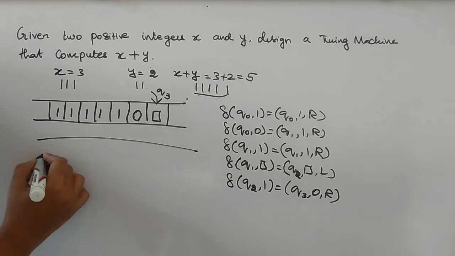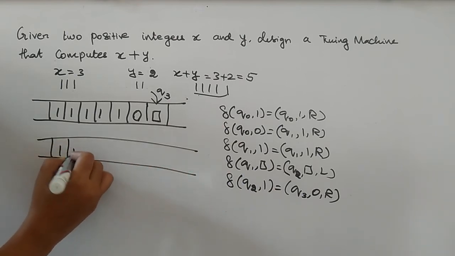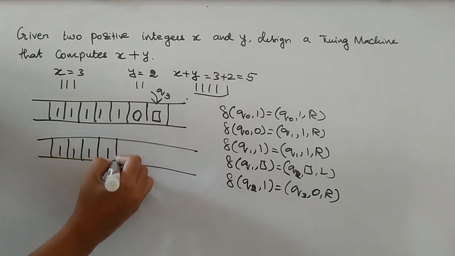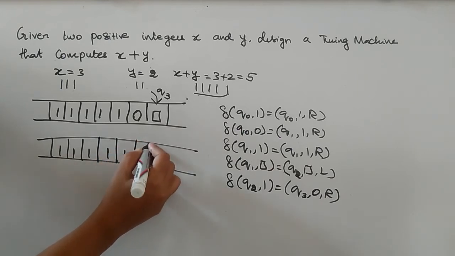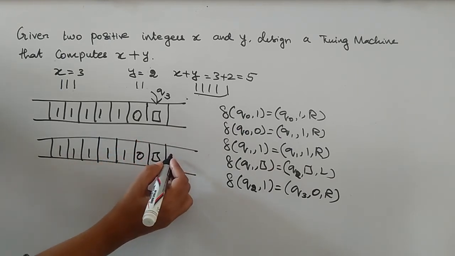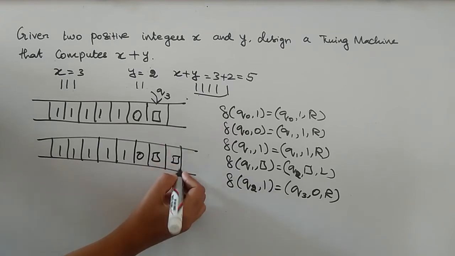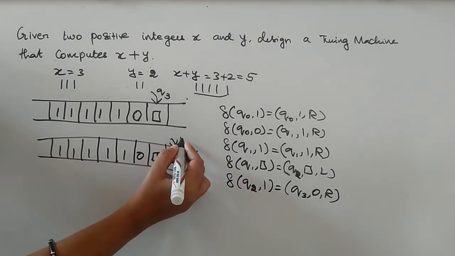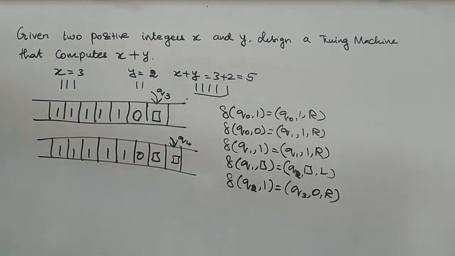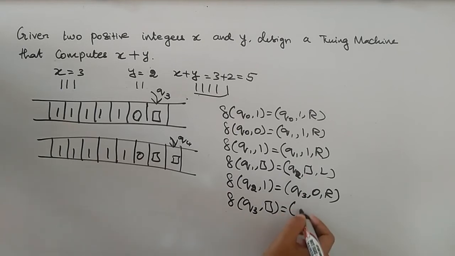That's why here we can write it as 1 1 1 1 1 and 0 and blank, and now we can move the pointer towards the right, and we can mention the state as Q4 here. You just see here delta of Q3 comma blank means we can write Q4 comma blank comma R, right?